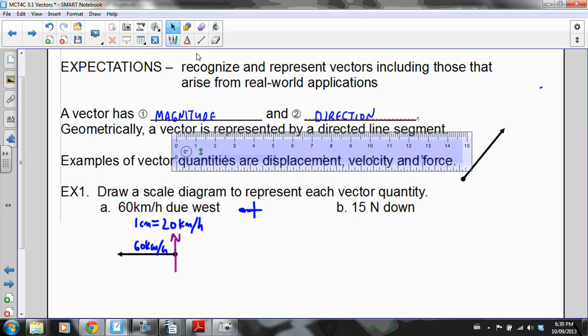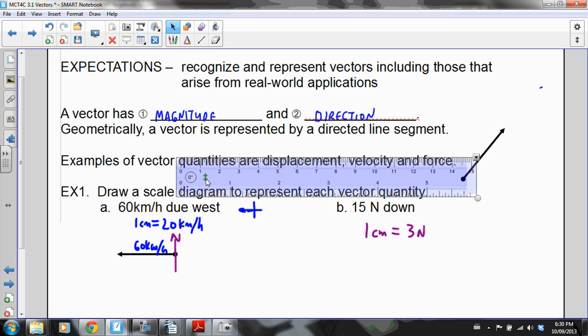And I'm going to pick a decent scale. So to get to 15 newtons, I might pick 1 centimeter is equal to maybe 3 newtons, say. I gotta turn my ruler now. Will I be able to do this? Let's just see. That doesn't do it. How do I turn the ruler? No, that makes it longer and shorter.